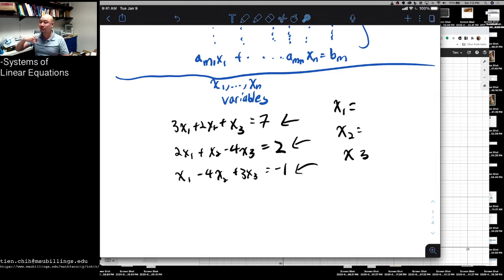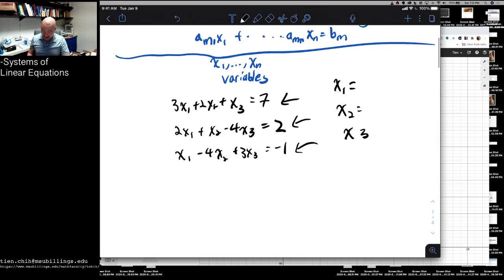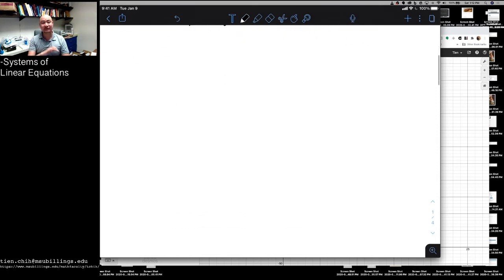So before we even get into how we go about trying to find a solution to a system like this, I'm going to talk a bit about what type of scenarios are possible. And in order to do that, let's simplify this even further and break it down to a much nicer, simpler system.